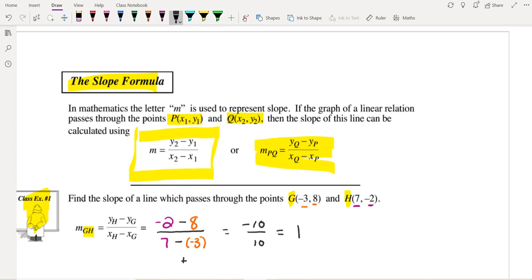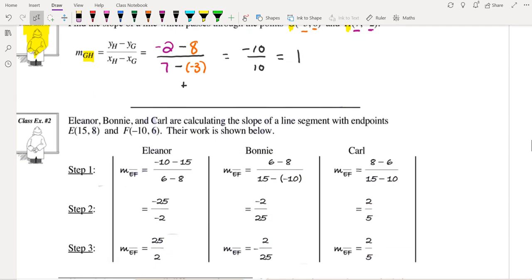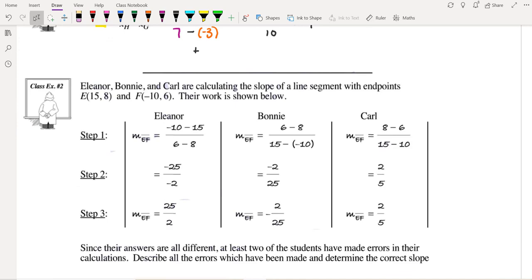All right. So the last question that we're going to do together here for this lesson is example number 2. Okay. So example number 2, we have 3 different students working here, Eleanor, Bonnie, and Carl. They all find the slope of the line between the points E and F. As you can see, they all come up with different answers.